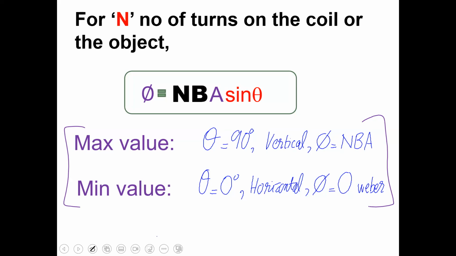So mathematically, when theta is 90, sine 90 is 1. And for 0 degrees, sine 0 is 0. In A2 physics, there are two possible ways to explain something.